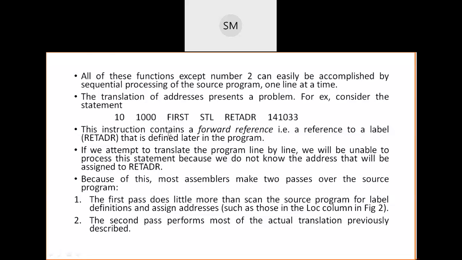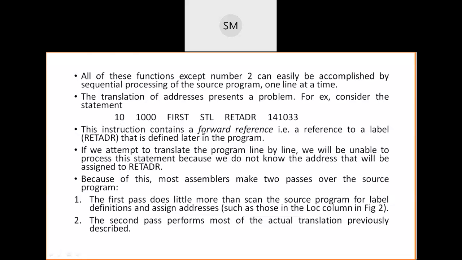This STL instruction contains a forward reference, because it refers to a label, RETADR, that is defined later in our program, not in the immediately next line. If we attempt to translate the program line by line, we will be unable to process this statement because we do not know the address that will be assigned to RETADR. RETADR is defined somewhere else in your program after so many lines, not in the immediate next line of line number 10.